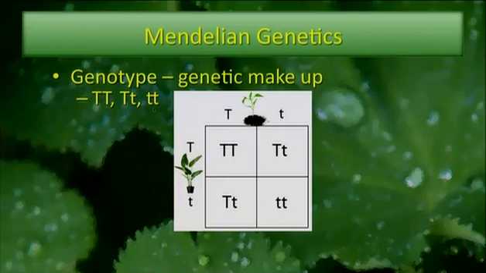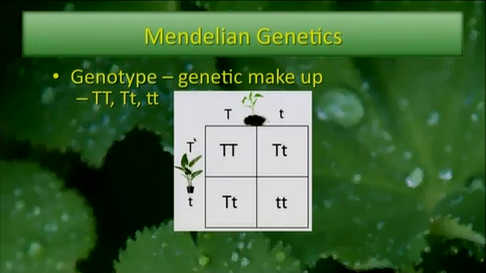Little t was the other parental type, the purebred for dwarf. Big T, little t was the result of the cross between the homozygous dominant and the homozygous recessive. Homozygous means that they have the same alleles, both alleles are the same. The homozygous recessive is a recessive trait that has the 2 alleles being the same. And here you have a heterozygote with one big T, one little t.